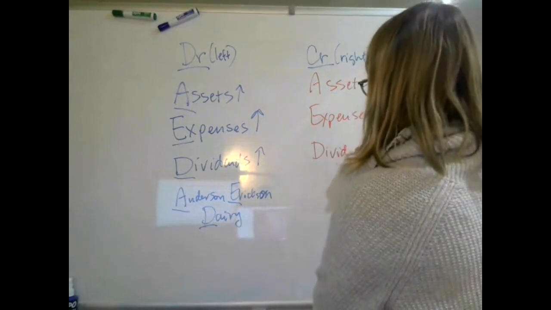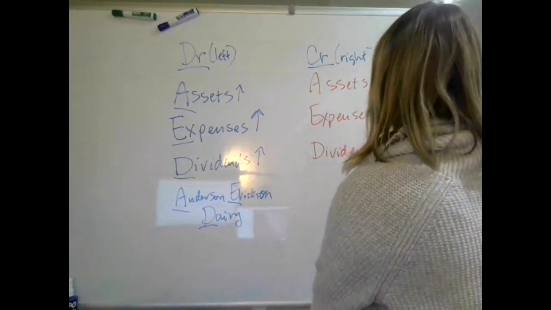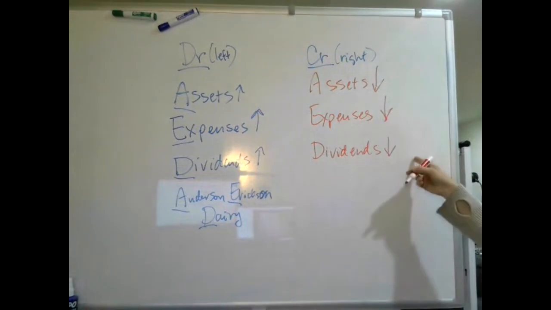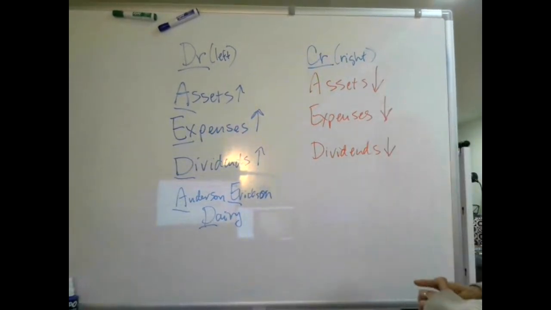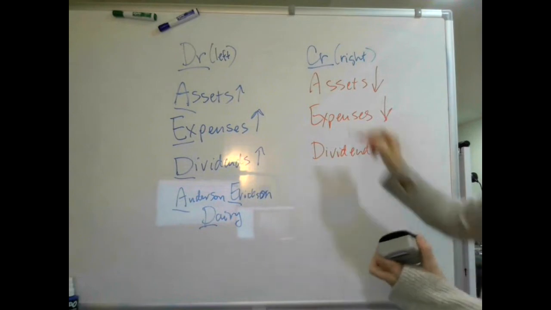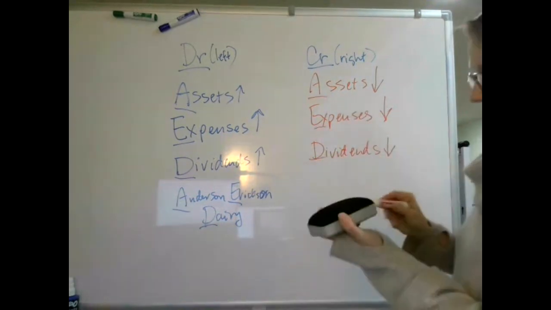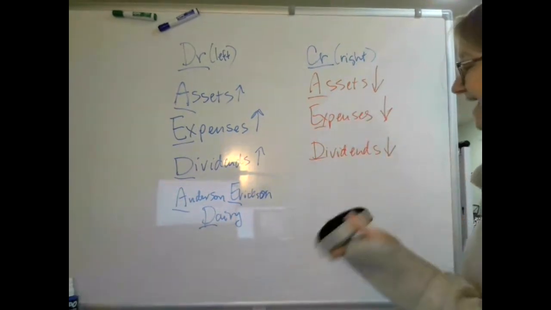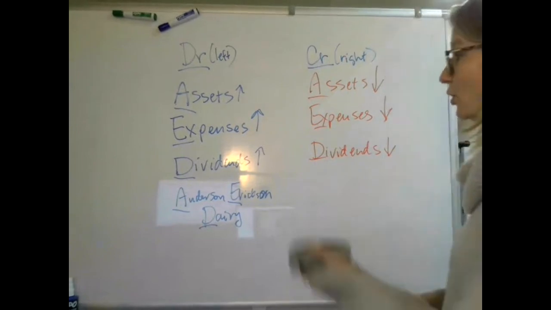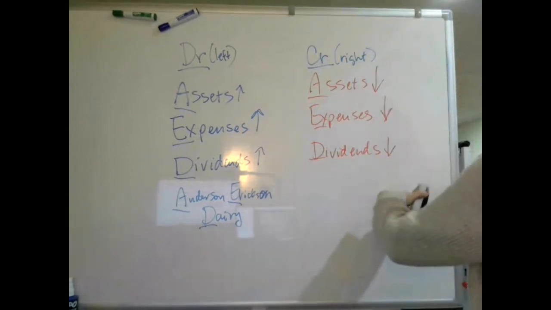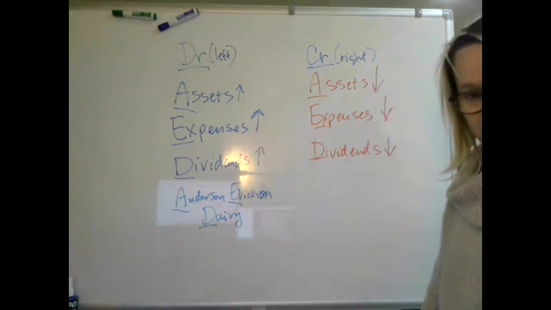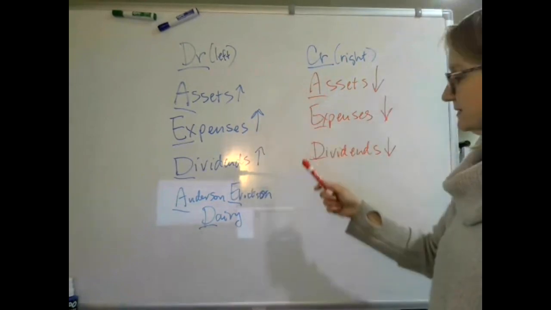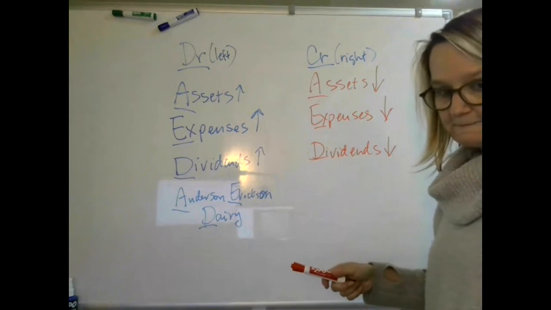Dividends, you don't see this very often either. We're going to credit it if it's going down, if we're decreasing amounts in those accounts. But again, it's the same, AED. So everything else, though, we are going to credit in order to increase it and debit it in order to decrease it, if it's not an asset, not an expense, not a dividend.